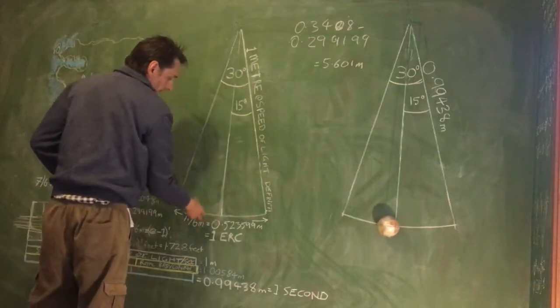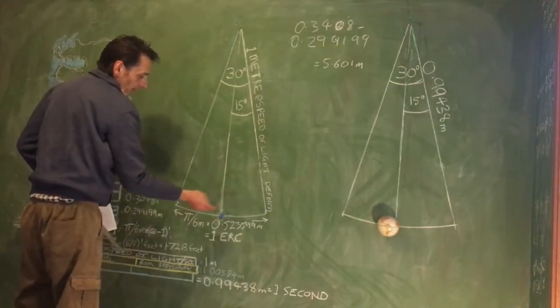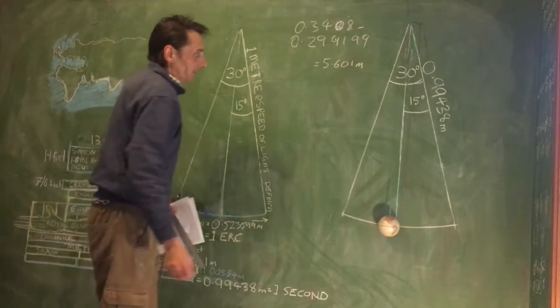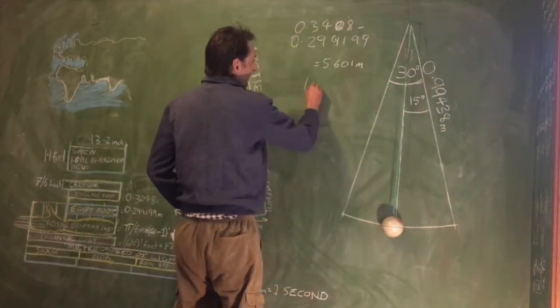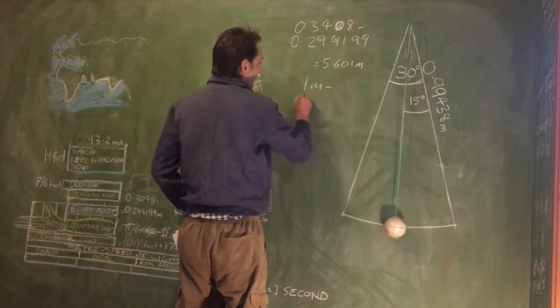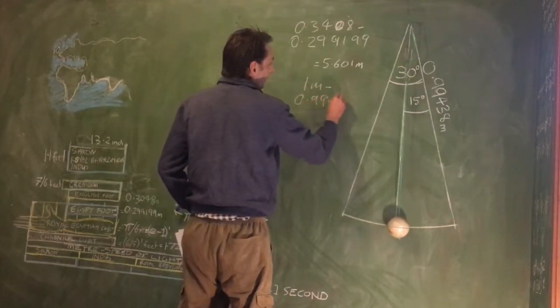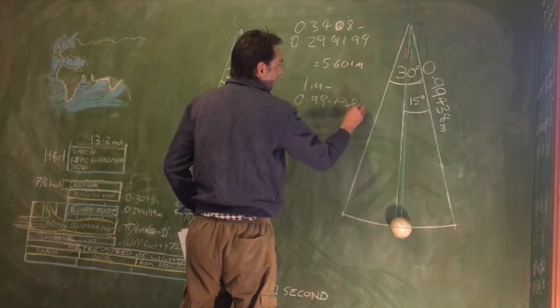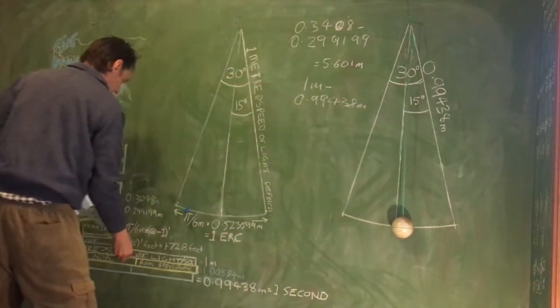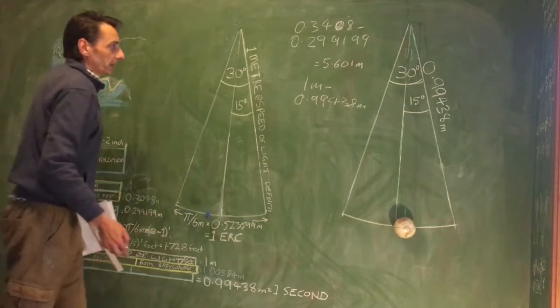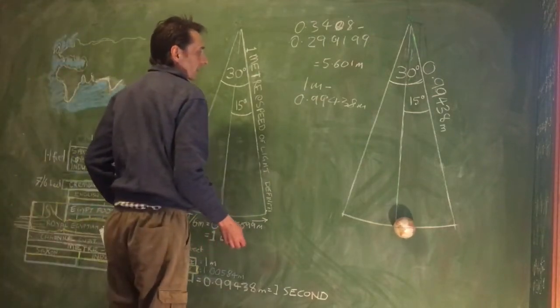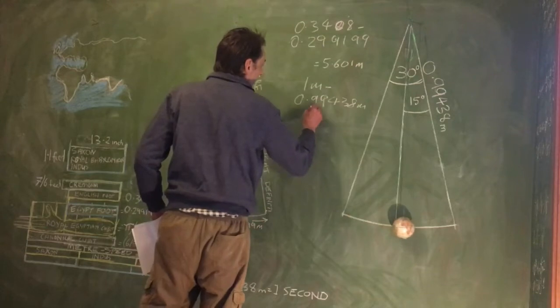Now this metre, the speed of light metre, which defines the Egyptian royal cubit, is 1 metre minus 0.99438 metres, which was going to be the yard in the US, or the metre in France in the 1790s, is the difference.